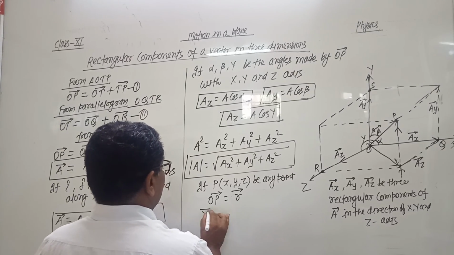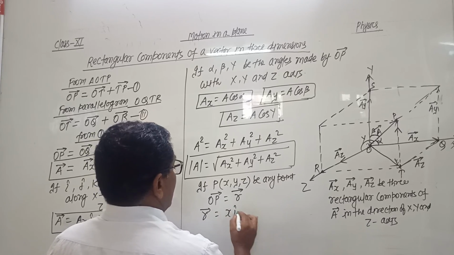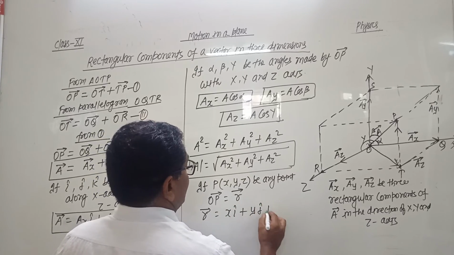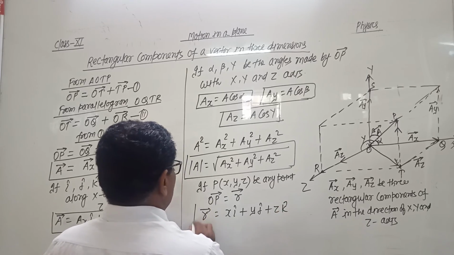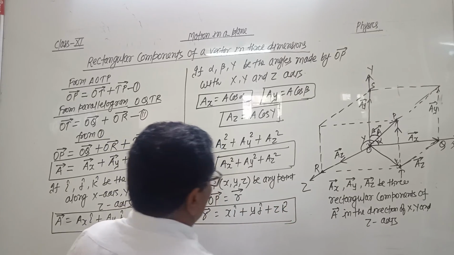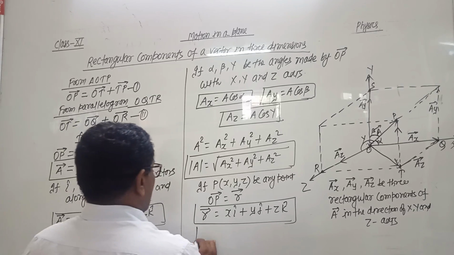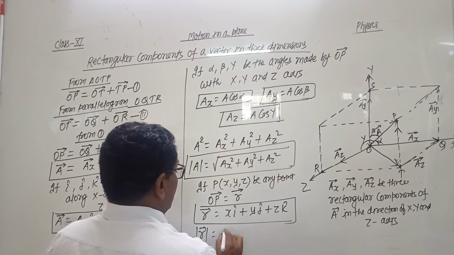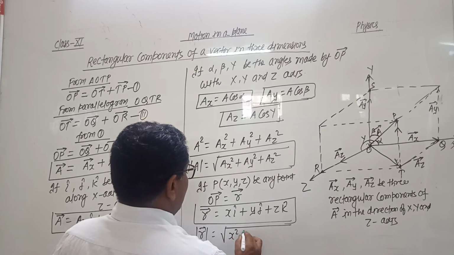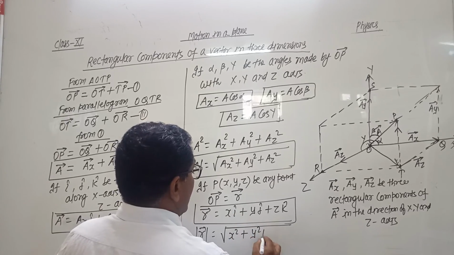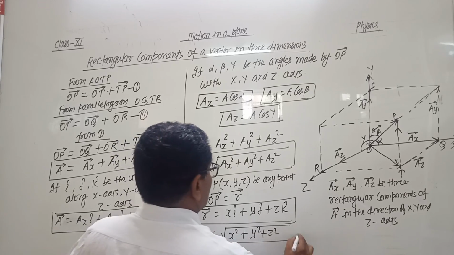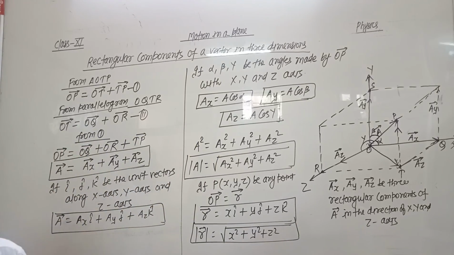Then the r vector is written as x i cap plus y j cap plus z k cap. This is the position vector in terms of the coordinates x, y and z. And for finding its magnitude, again we use the same formula: in a square root, add the squares of the coefficients of i cap, j cap and k cap. So the magnitude of r equals the square root of x square plus y square plus z square.